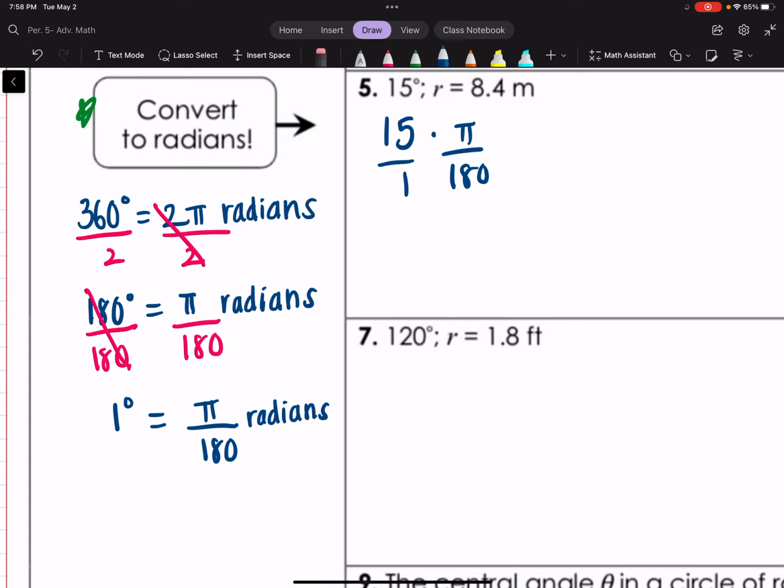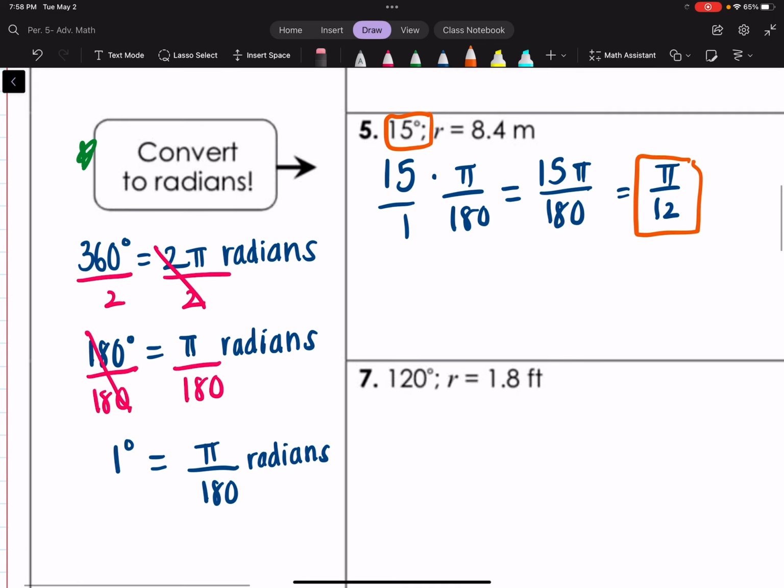You multiply numerator with numerator, denominator with denominator. You can simplify here first if you'd like. 15 pi over 180 simplifies down to pi over 12. Okay, so 15 degrees is equivalent to pi over 12 radians.